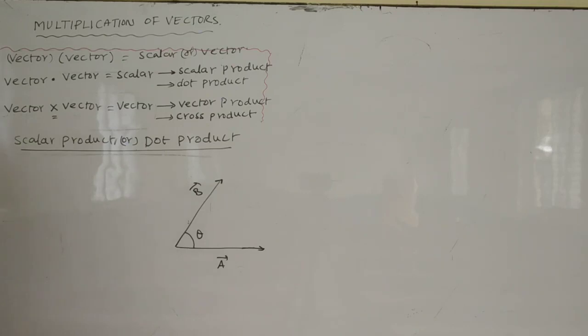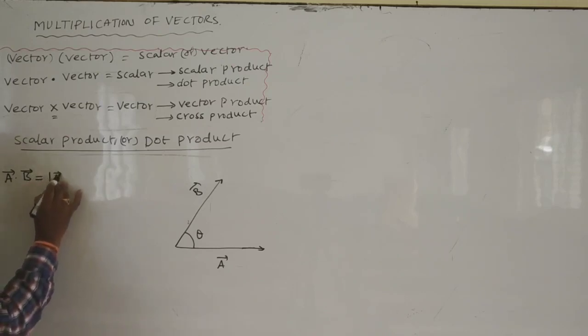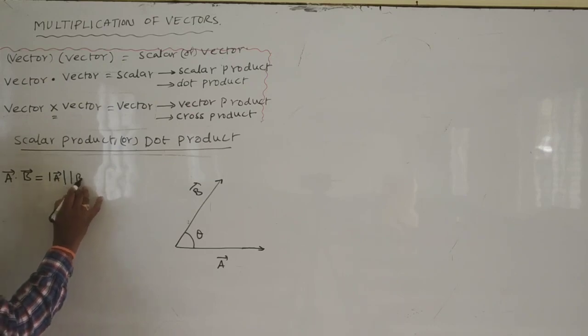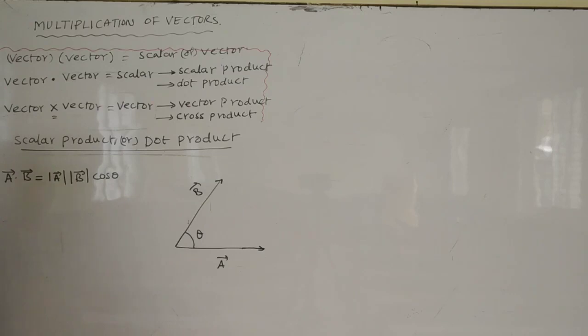Now how we define the dot product. So dot product A bar dot B bar is equal to magnitude of A bar, magnitude of B bar into cos theta. Simply we can write it is A bar dot B bar equals AB cos theta.